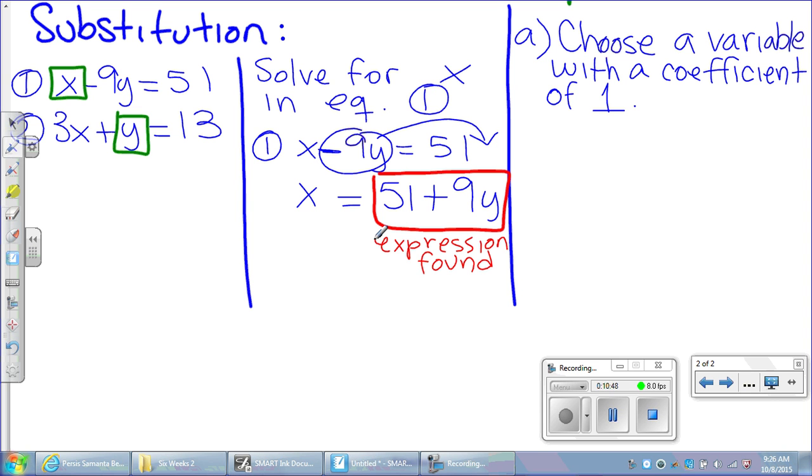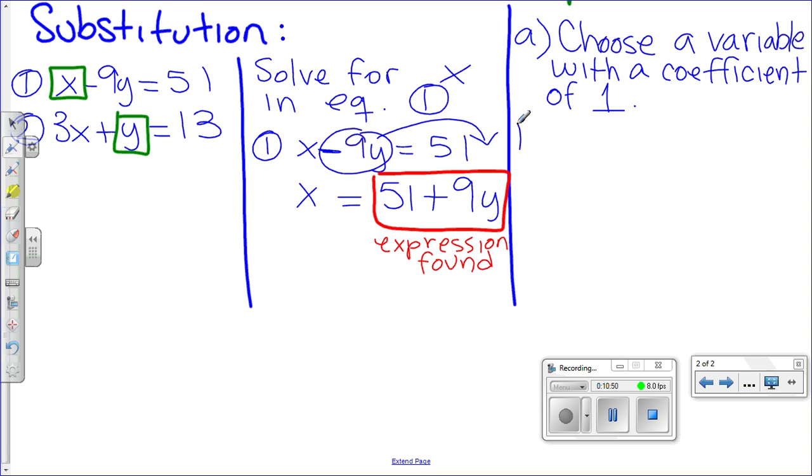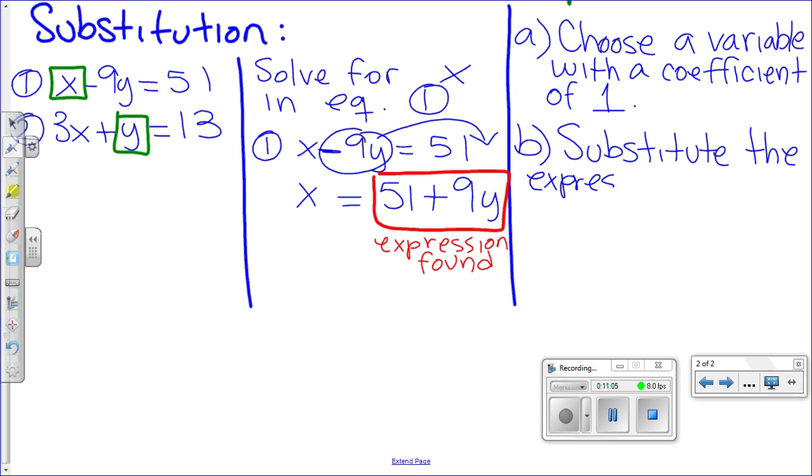Okay, so that will be our first step. Now, next step, we're going to substitute the expression found into equation number 2.